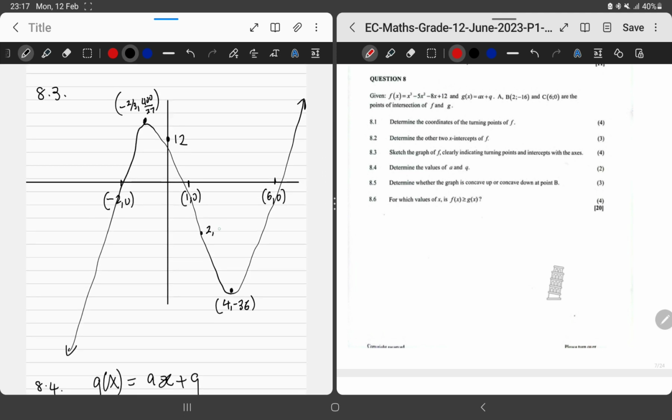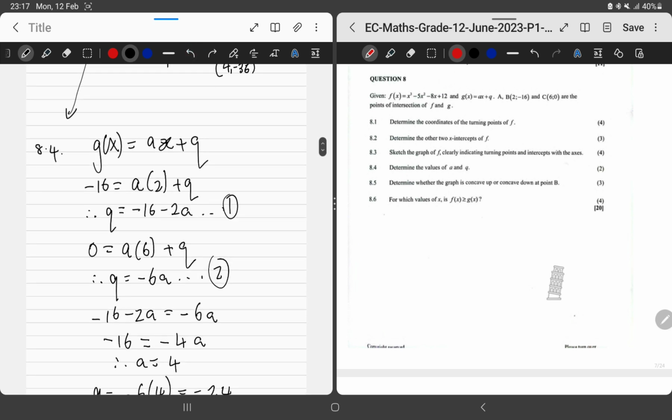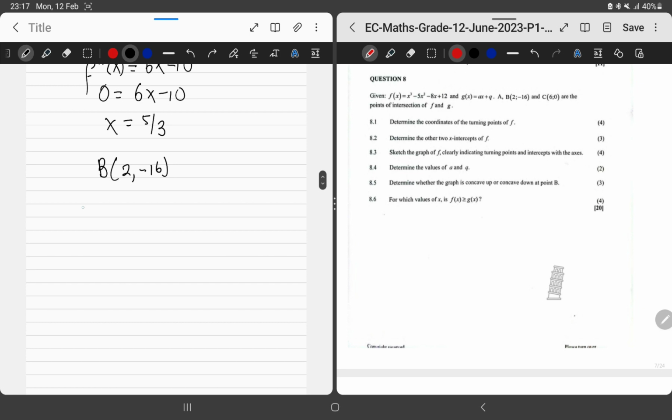But the x value I'm getting for the point of inflection should be before the 2, somewhere there. So the graph is concave up at B. We will say 5 over 3 is less than 2. Therefore, the graph is concave up.